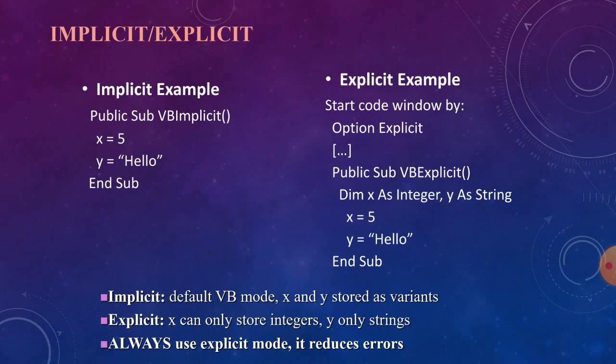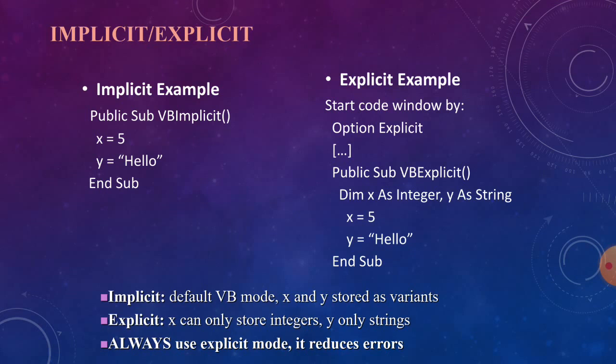So in explicit we have declared the variables, Dim x as Integer and y as String, and we are storing values x = 5, y = "hello", like that. So this x is called an integer variable and y is called a string variable, because it is storing a string value.